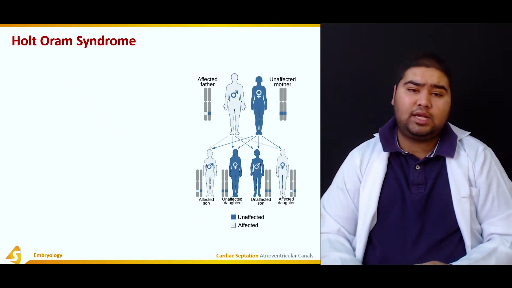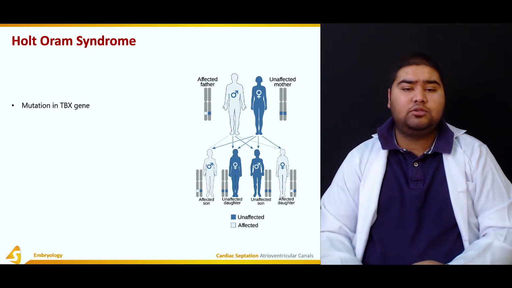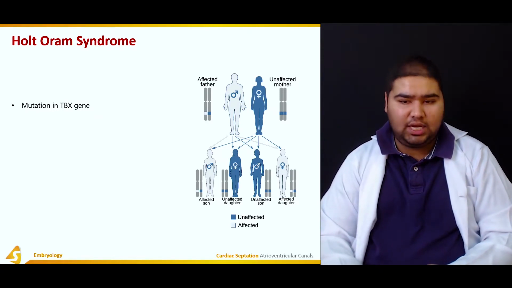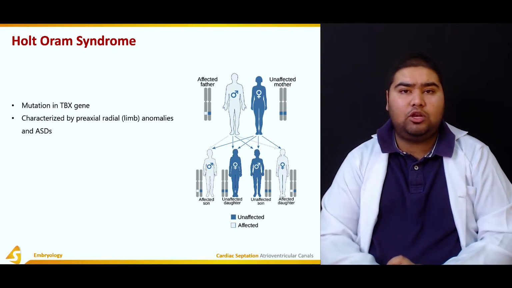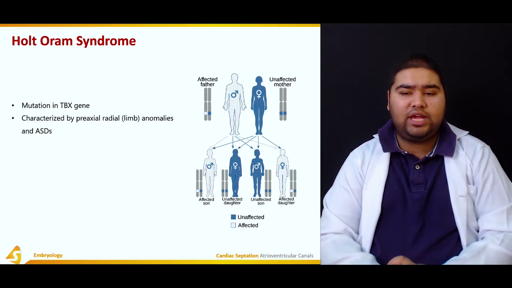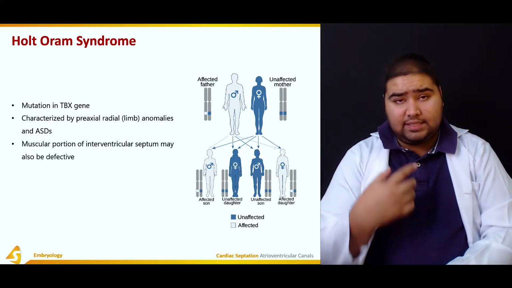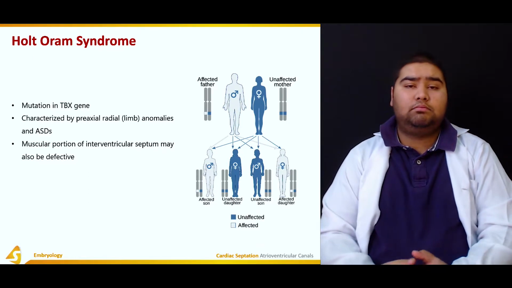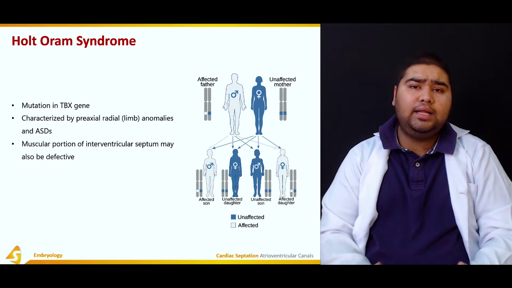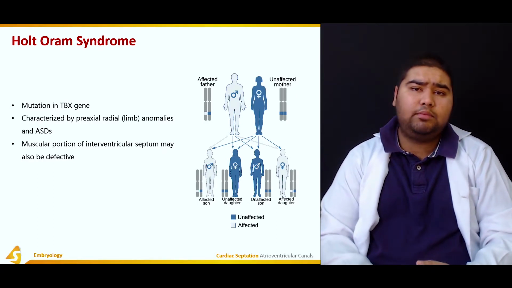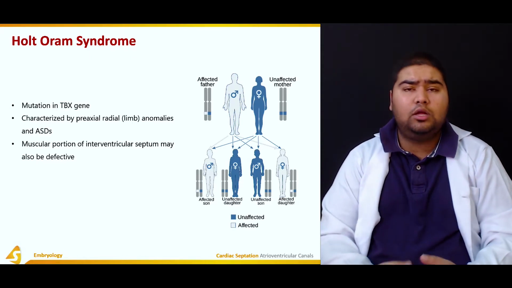First of all, let's take a look at Holt-Oram syndrome. So what is this? This is a mutation in the TBX gene. It is characterized by preaxial radial limb anomalies and also atrial septal defects. So atrial septal defects can be defects in the foramen ovale or ostium secundum, ostium primum, improper formation of the septum between the two atria whatsoever.